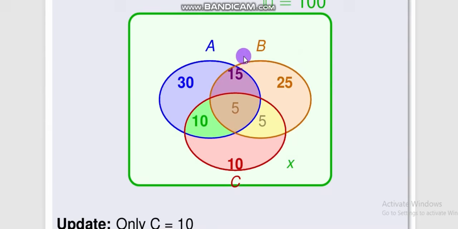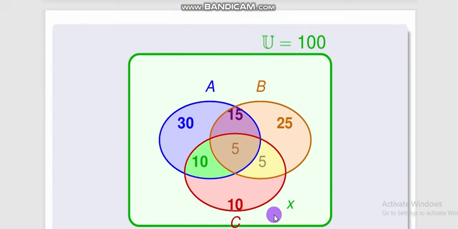So if you look at this, we know everything except our X, right? Those who read neither: they didn't read A, they didn't read B, they didn't read C. That is represented by X. So how do we find that X? Finding X is the easiest, because we know that the total here should give us 100.